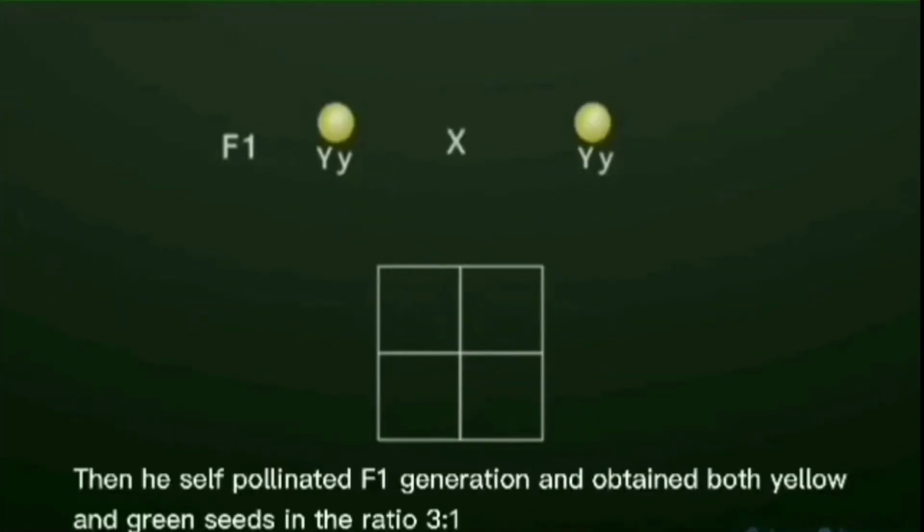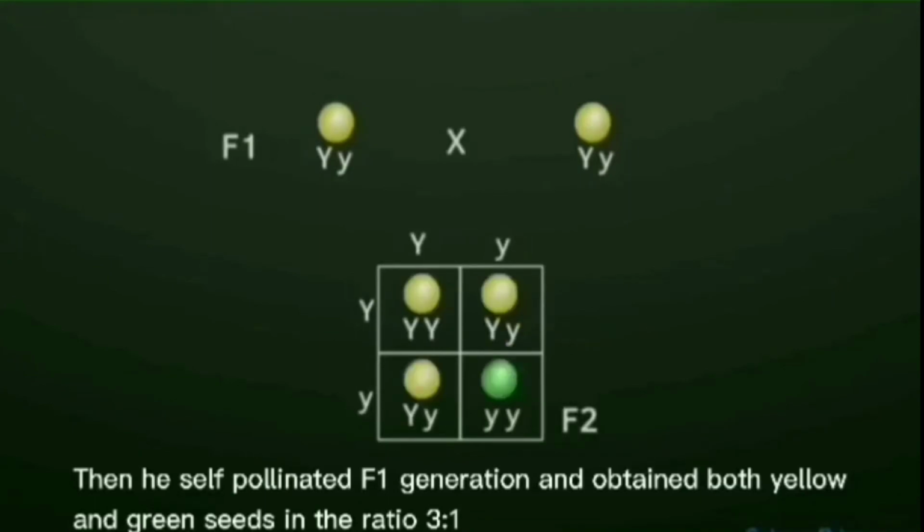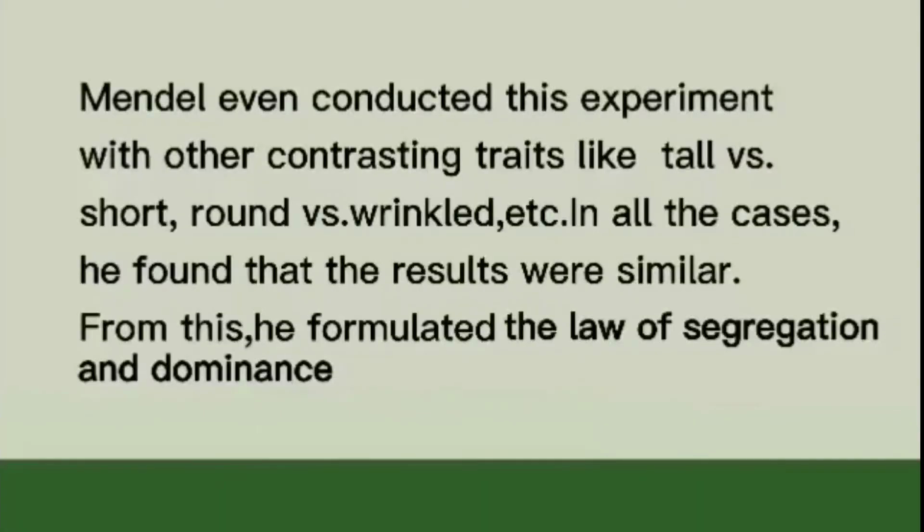Then, he self-pollinated the F1 generation and obtained both yellow and green seeds in the ratio 3:1. Mendel even conducted this experiment with other contrasting traits like tall versus short, round versus wrinkled, etc. In all the cases, he found that the results were similar. From these, he formulated the laws of segregation and dominance.